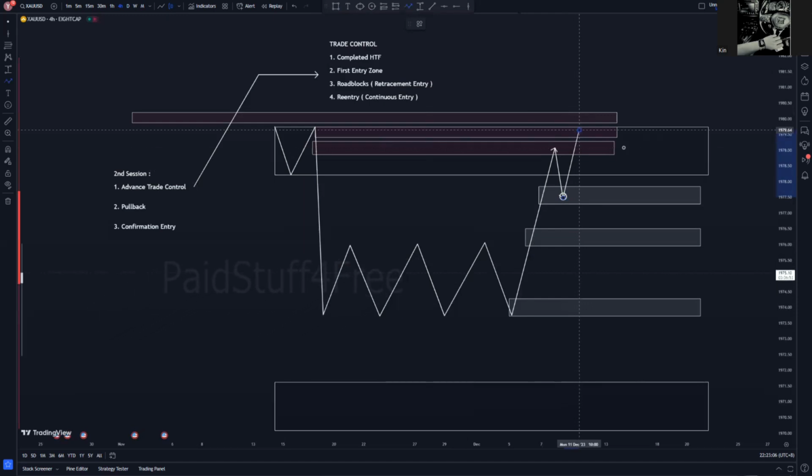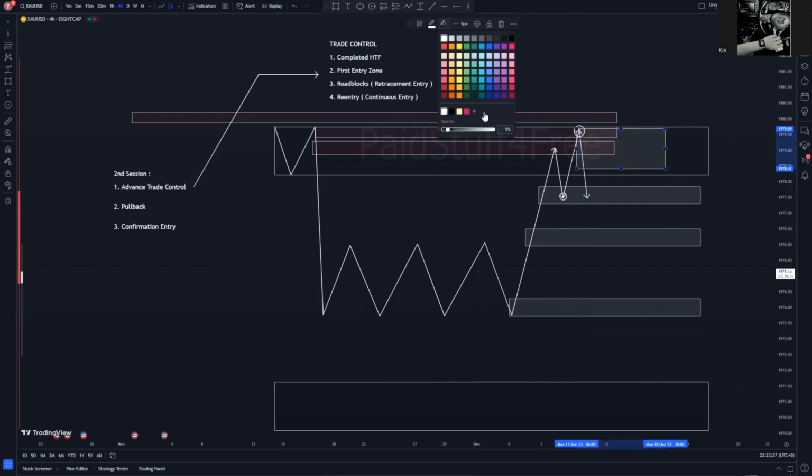And if inside of this one there is a confirmation entry somewhere around here, then the price is going to go down, and after the price went down like this, the price managed to create an engulfing sell on M30. So this is what we need.